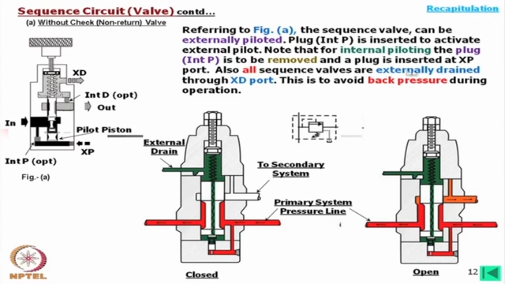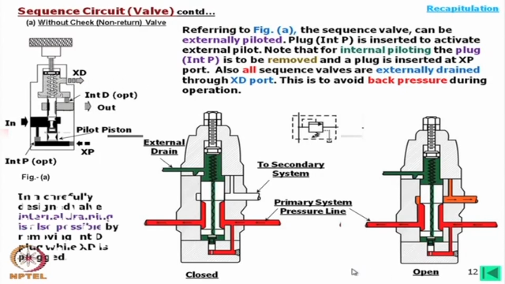Also, all sequence valves are externally drained through XT ports. This is to avoid the back pressure. Say where there is a possibility of back pressure, then draining is essential. In a carefully designed valve, internal draining is also possible by removing internal D plug with XD plugged.